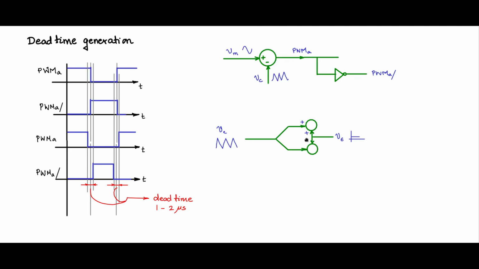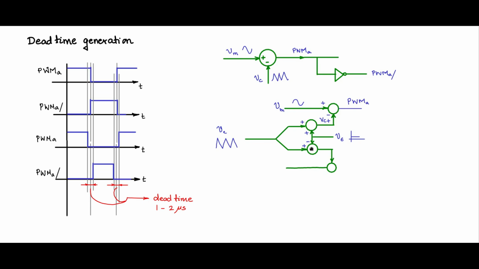So this is Vc plus, where a small epsilon DC bias is added to the carrier, and Vm is now compared with Vc plus, and that will generate PWMA.